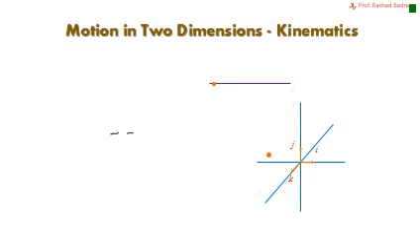Starting with the definition in one dimension, and knowing that the particle moving along the x-axis can have a position and a displacement, and also may have a velocity and an acceleration.